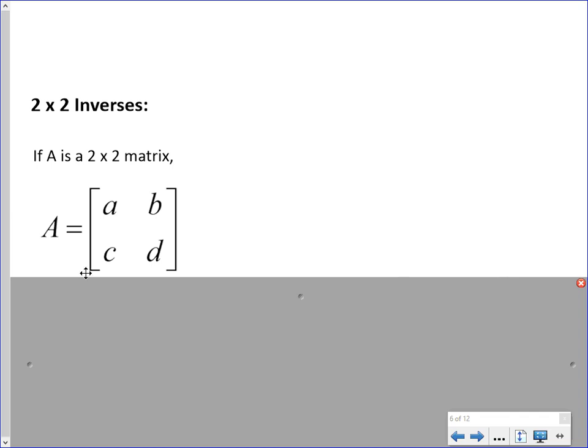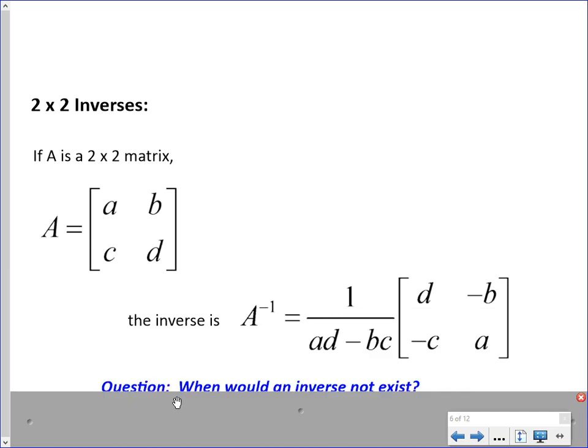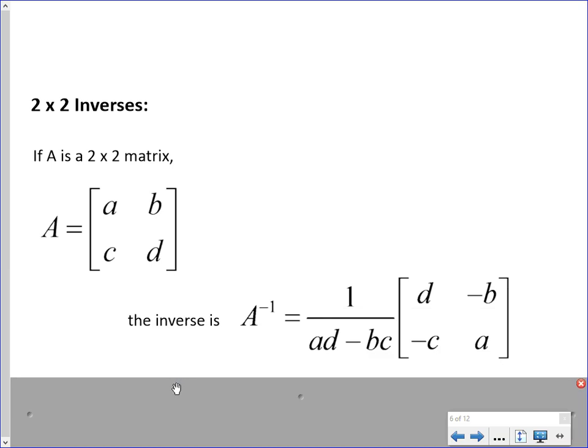We're going to start with some matrix A. Let the first row be a, b and the second row be c, d. This is your formula of sorts to find the inverse matrix. Okay, so notice I'm using my notation inverse matrix A, or A inverse. I'll let you write that down.